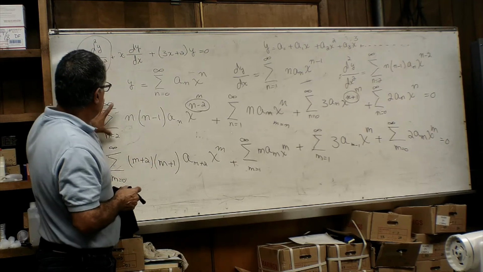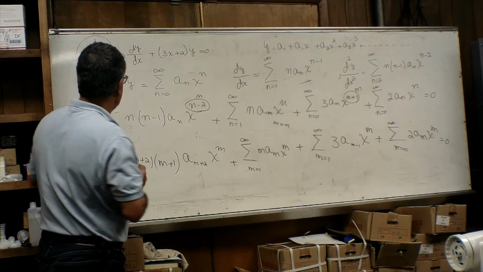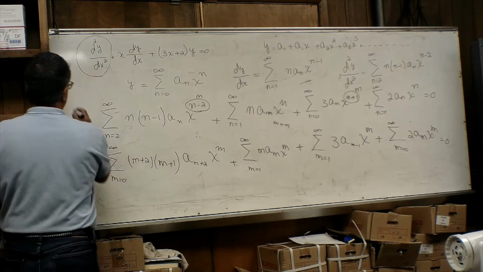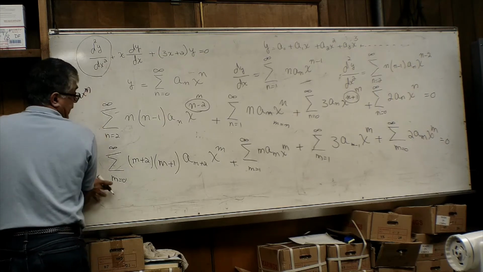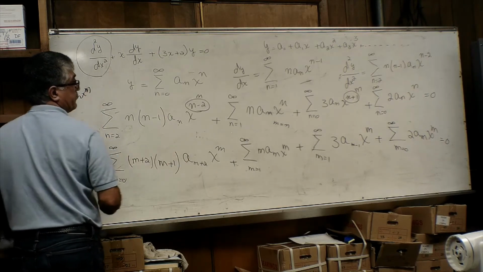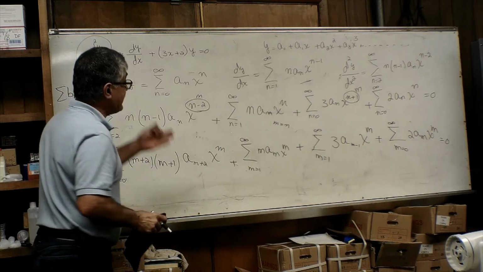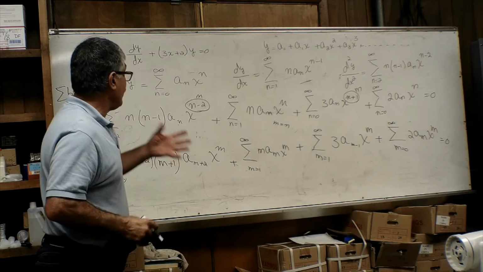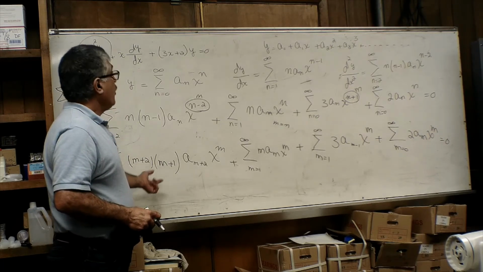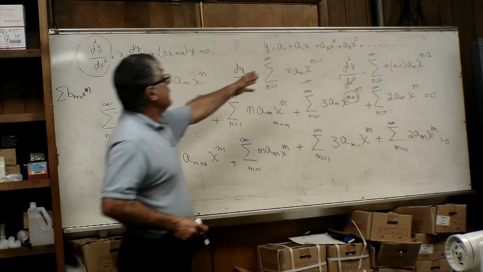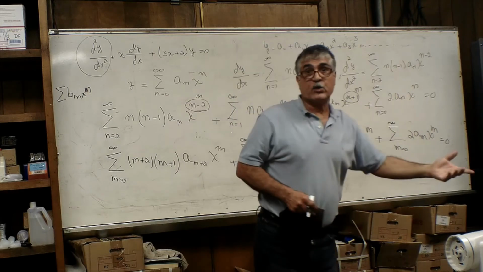We wrote this equation in the form of b m x to the power m, and that is right here. Now the next step is, for different values of m, we can find the coefficients, this a1, a2, a3, and so on.